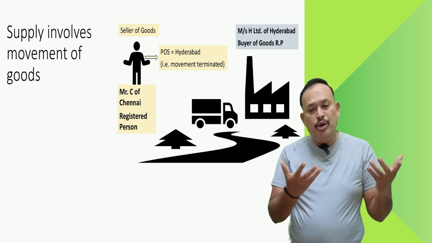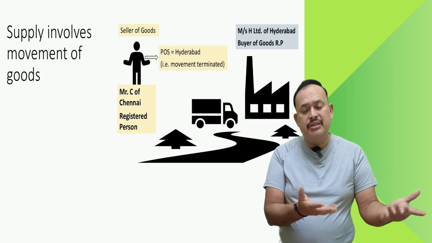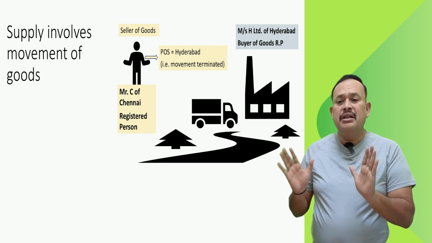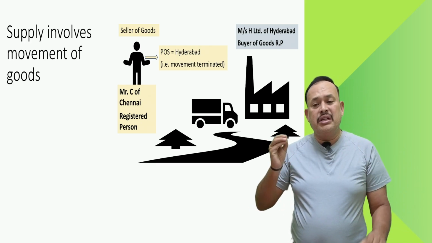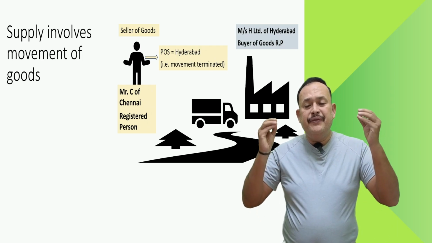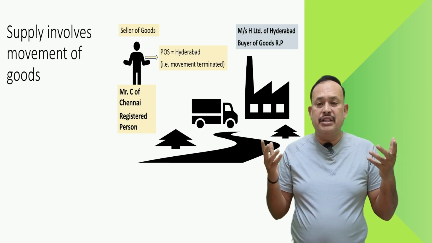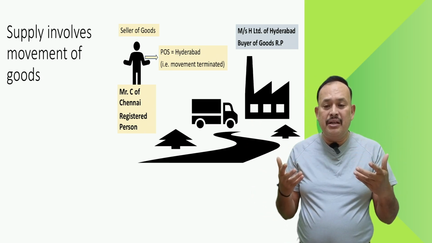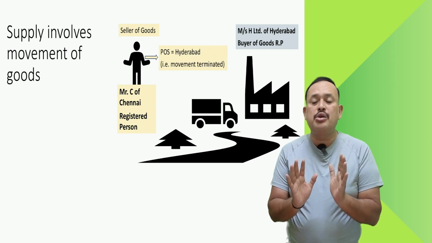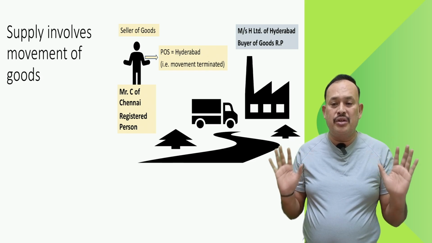Whether supplier liable to pay GST under forward charge or recipient liable to pay GST under reverse charge, the concept remains the same. Location of supplier and the place of supply in two different states, interstate supply. Location of supplier and place of supply in the same state, intrastate supply is the concept.